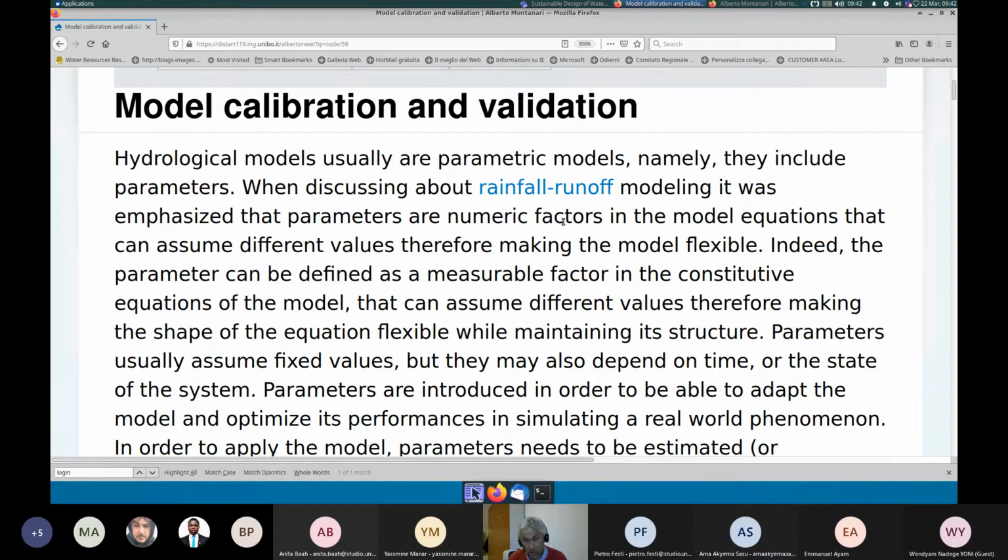In order to guess the optimal values for the parameters of a model, the main road, the highway, is the comparison between model simulation and observations. This is something that an engineer should always do in order to check if a model is reliable.